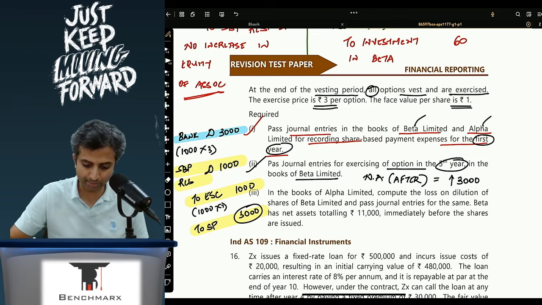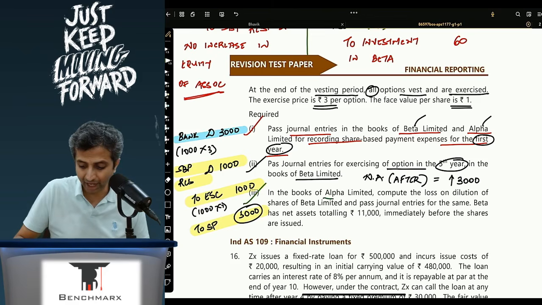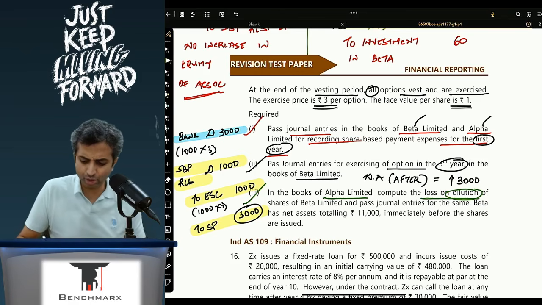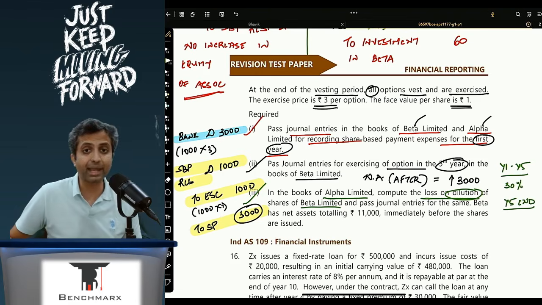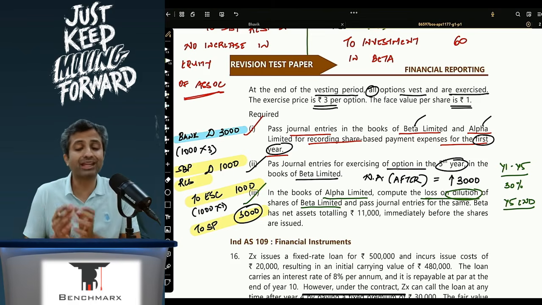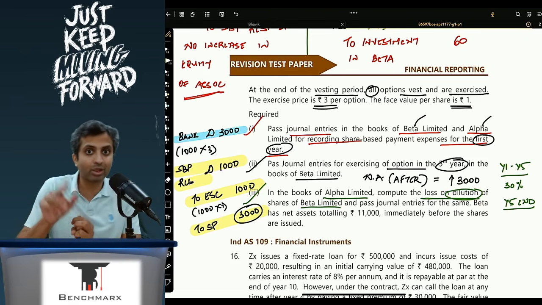Now we go to the last, point 3. In the books of alpha, compute the loss on dilution. How is there a dilution actually? Loss of dilution of shares in beta. First of all, from year 1 to year 5, alpha's stake in beta was 30%, but at year 5 end, once employees exercise the options, beta's total share capital would have become 2000 plus 1000, that is 3000.